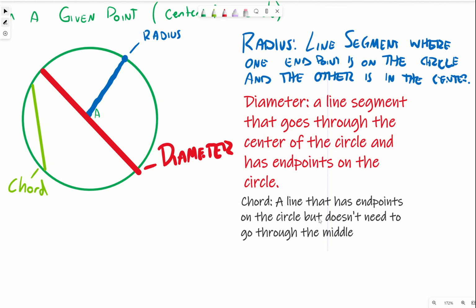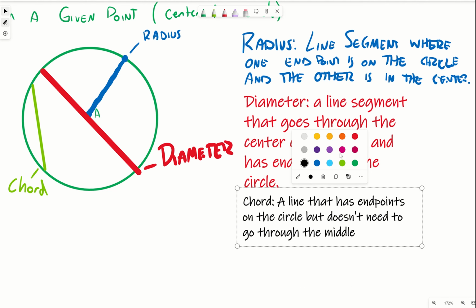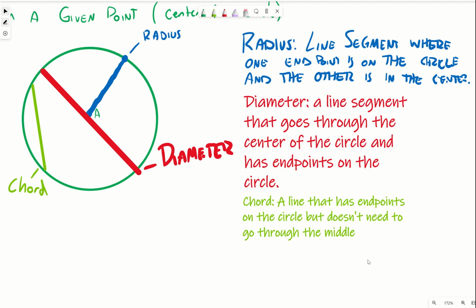So it can just be any line that has its endpoints on the circle.